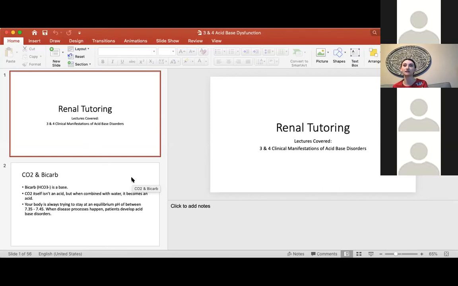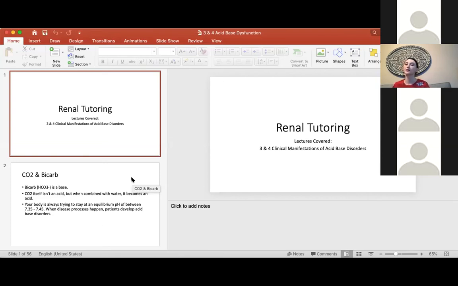Acid base gets super complicated, but the way he asked the questions was basically how you did it first year. If you look at the pH, bicarb and carbon dioxide and know if it's up or down, that'll give you your answer. Also look at the question stem and see what they were there for.